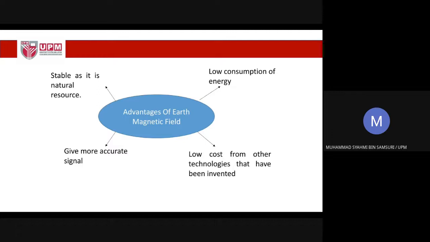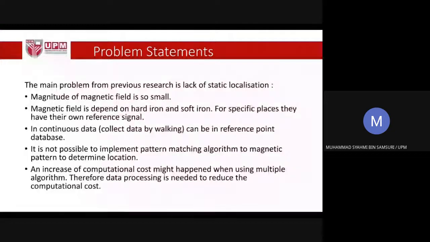It is also low cost compared to other technologies. For example, if I'm using Wi-Fi as a medium for positioning, I need to have a lot of routers for localization.